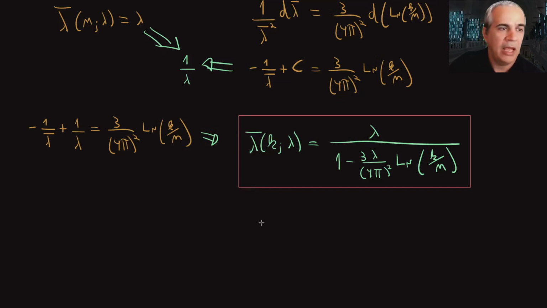Now we have talked about this in the context of QED, where to get to something like that, we did resummation. This is exactly the same kind of expression that you get at the leading log approximation for QED, or for lambda phi 4.